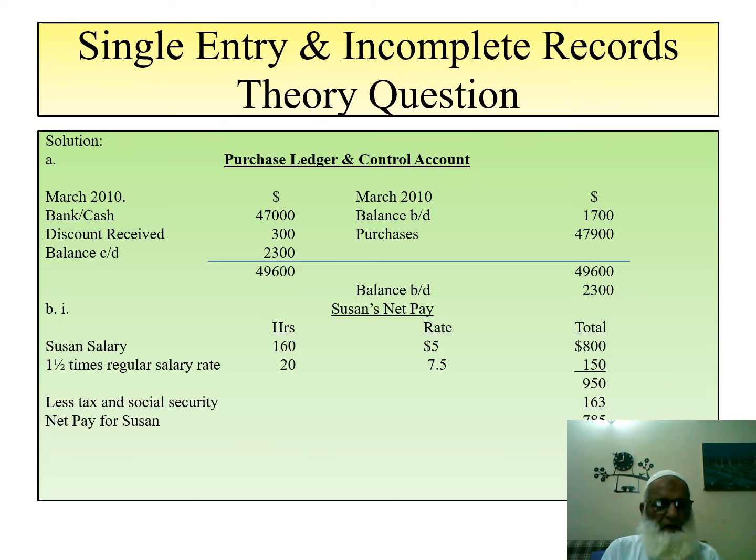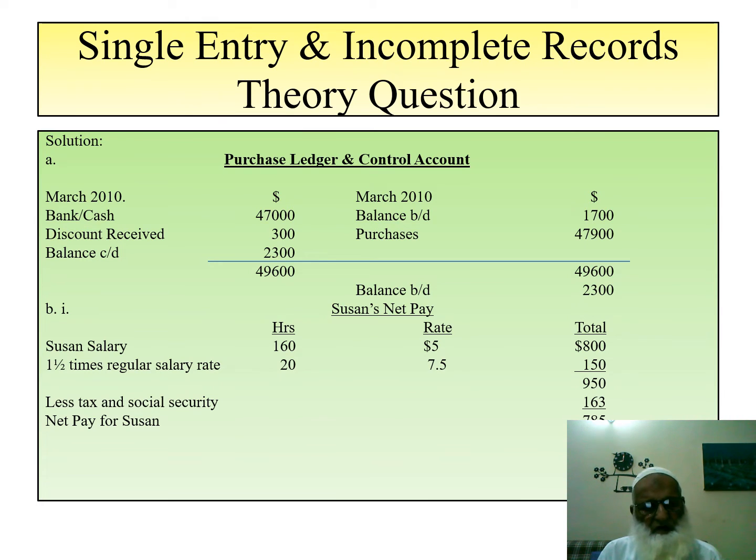A. To prepare the purchase ledger control account for March 2010, the debit side is 47,000.